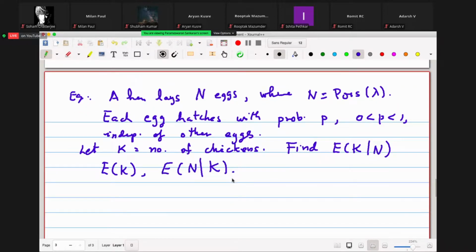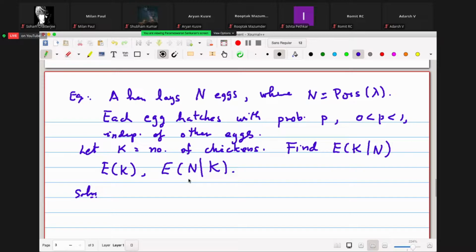Okay, let us do this. So, solution. The thing is, remember that this is a random variable, this is a number, and this is a random variable again.